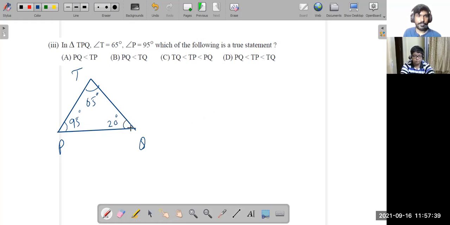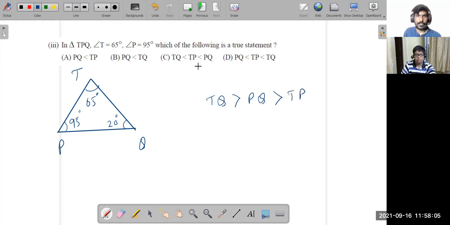So can you tell me now which will be the greatest side? TQ, then PQ, then TP. PQ is greater than TP.